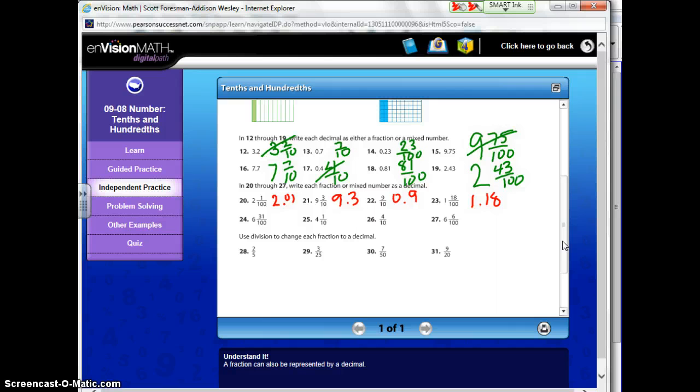Aaron, 6 and 31 over 100. Good job. How about 4 and 1/10? Will? That's it. That's right, because the 1 is in the 10th spot. You surprised yourself, didn't you?